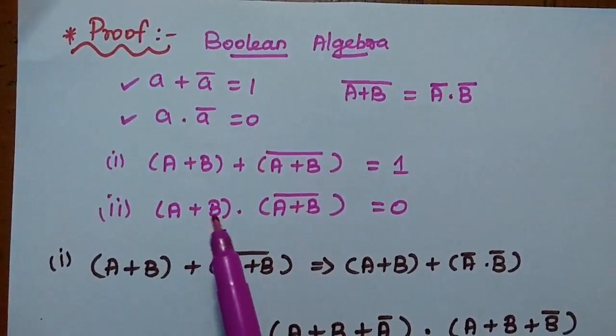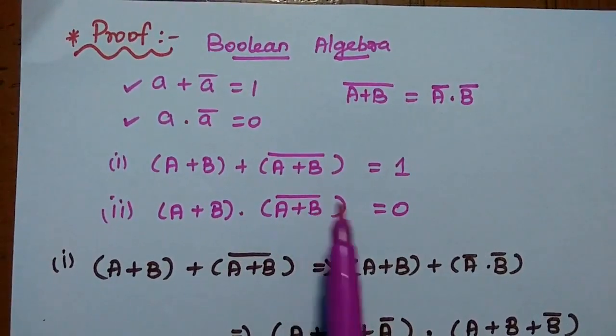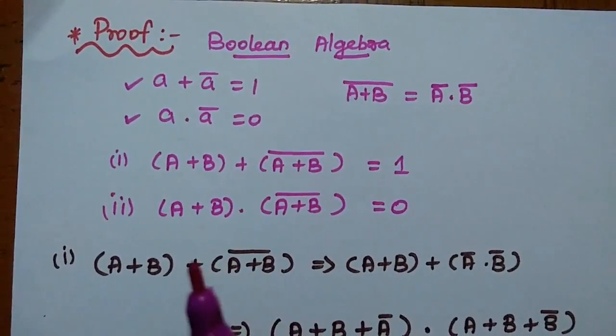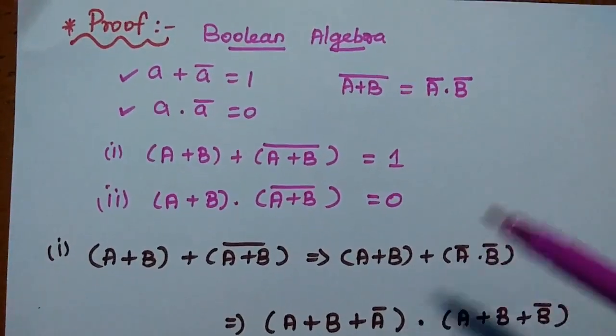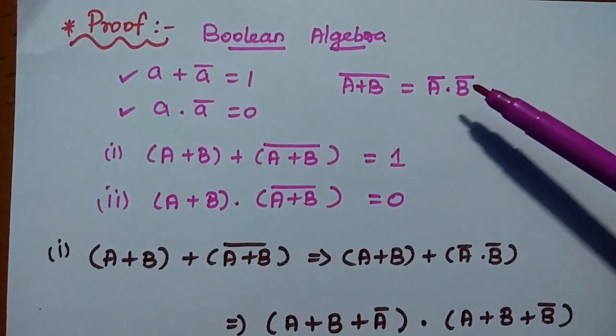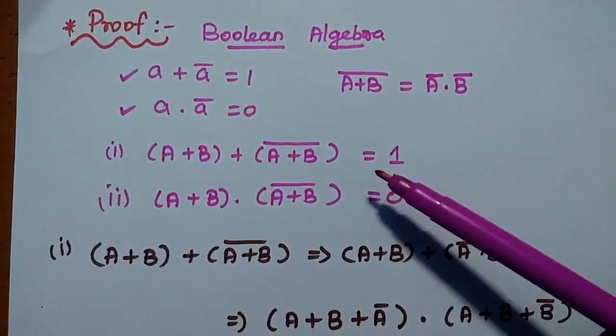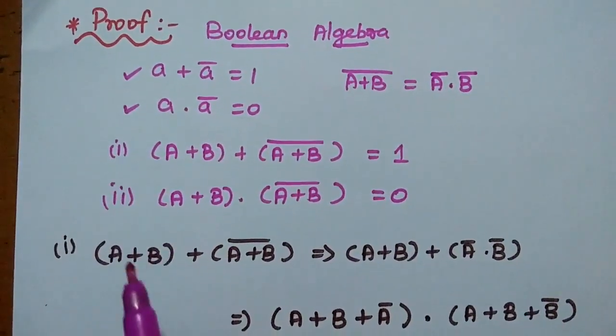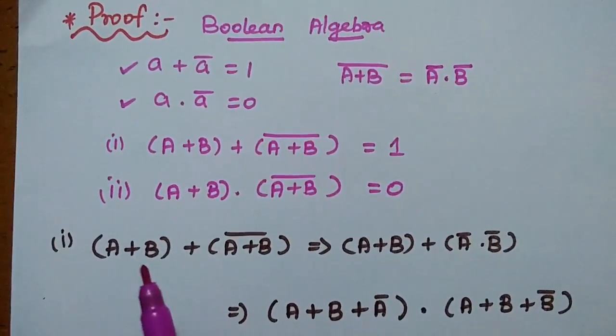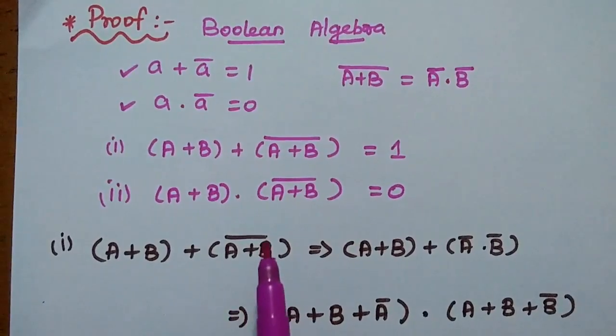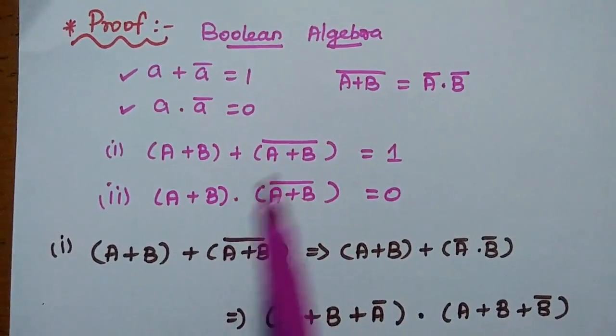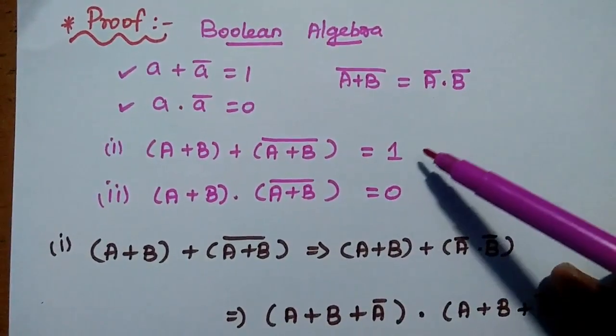The product of (A plus B) and (A plus B) the whole bar is equal to 0. In order to prove De Morgan's first theorem, we are going to take this statement, A plus B plus (A plus B) the whole bar. We need to prove this first statement.